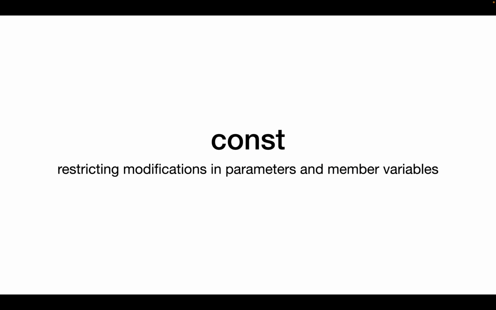Okay, next, why do we use const? Restricting modifications to parameters and member variables. In some cases, we want to restrict modifications, so that there are no accidental or intentional modifications in parameters and also member variables. There are two things. First, the value that we have passed must not be changed.